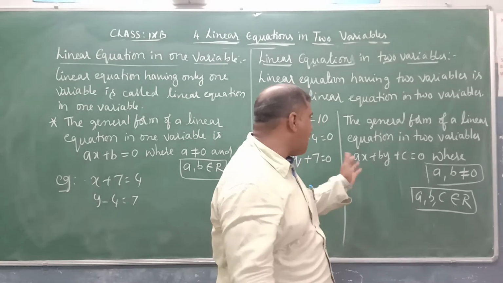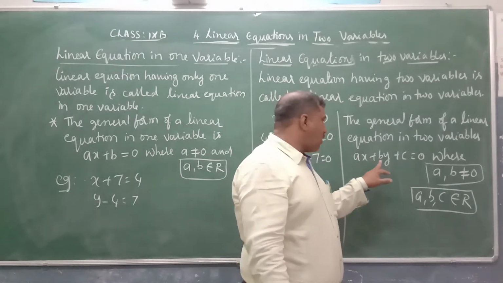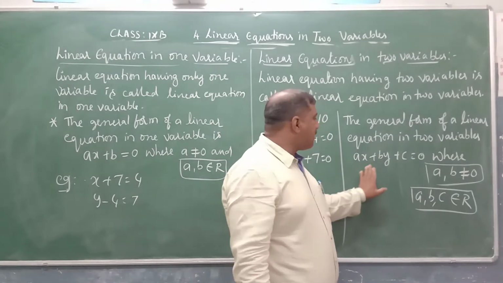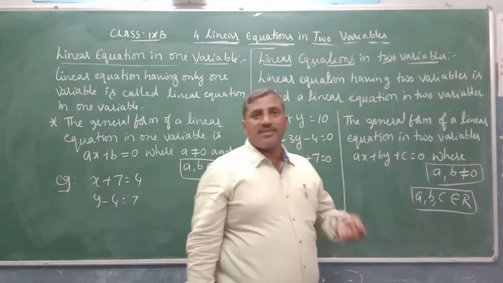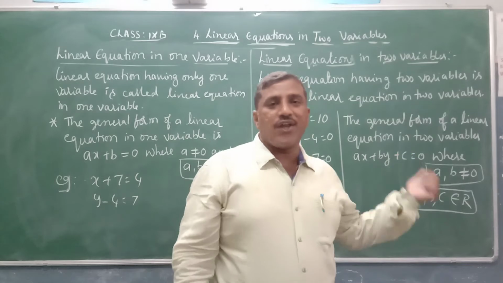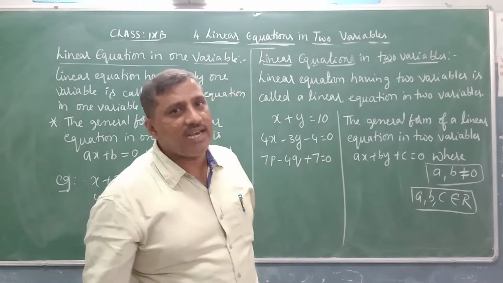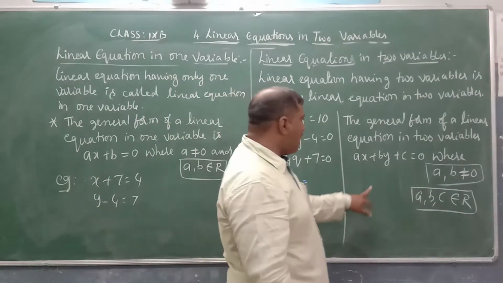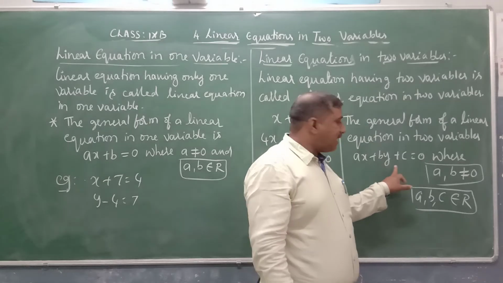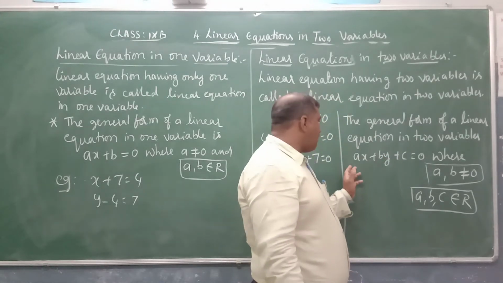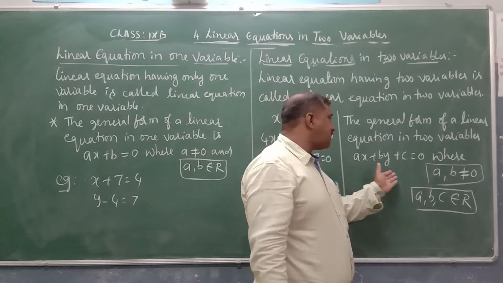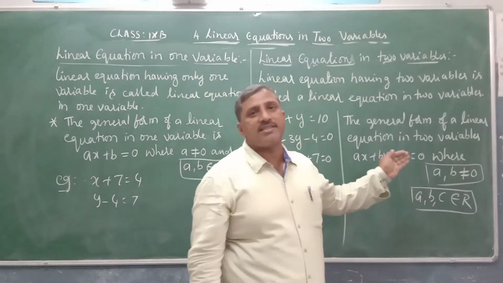What will happen if a is equal to 0? 0 into x is equal to 0, so by plus c is equal to 0. Then it will be reduced to a linear equation in one variable. Similarly, if b is equal to 0, then the by term will become 0, and we get ax plus c is equal to 0.